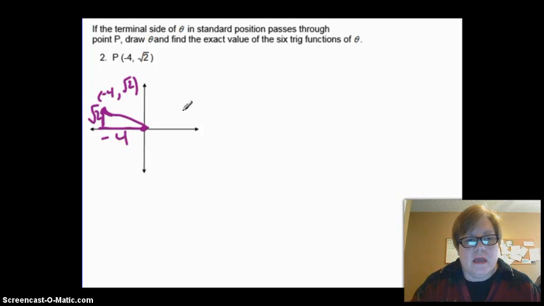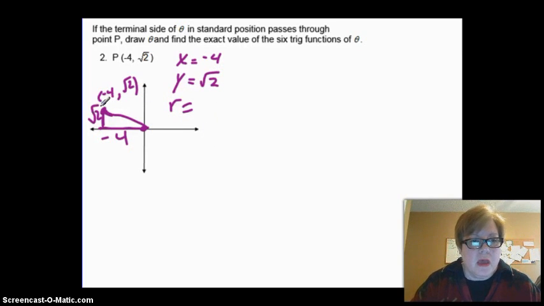However, because we're existing in the coordinate plane and direction matters, we're going to leave that negative. Okay, it's not a negative side length, but it tells us the direction we moved in order to get that value. So we know that x is -4, y is square root of 2, and r, well, we don't know r yet.